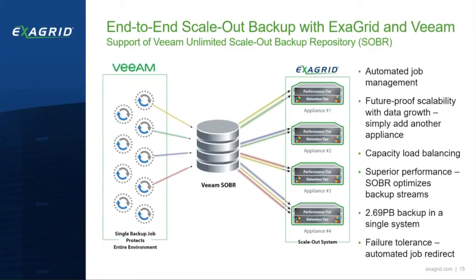So Veeam decides which data goes to which machine. Doesn't matter if it goes to different machines, different days, that's absolutely fine. It'll load balance the capacity and give a level of resiliency, redundancy, because if there is a failure of a path between Veeam and ExaGrid, it'll just redirect data to another machine, capacity permitting. So it really does add simplicity and a level of reliability to the environment over and above just having standard standalone systems.